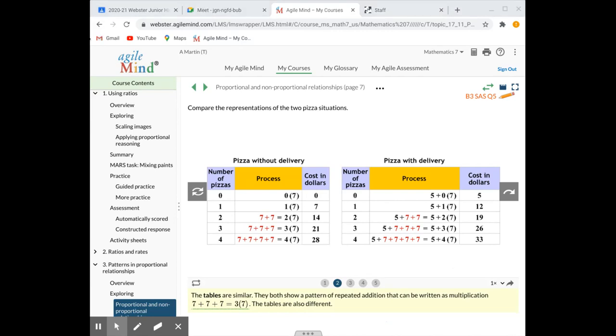All right, so looking at this, how are the tables similar, Makai? What's it say down here in the yellow?